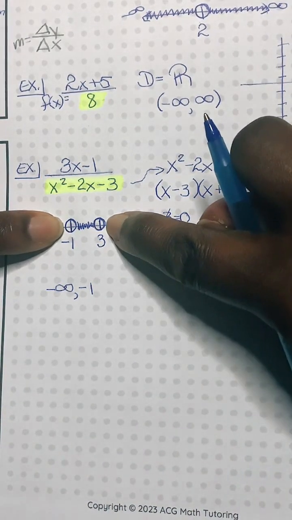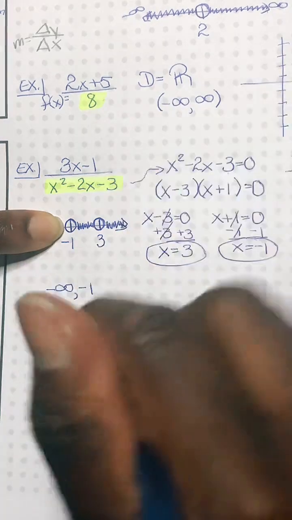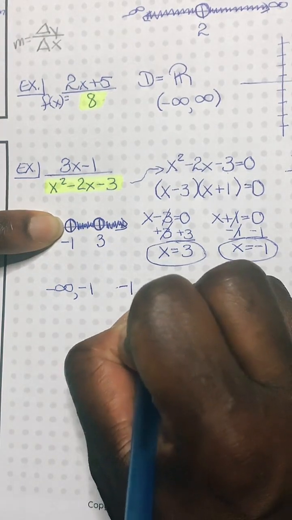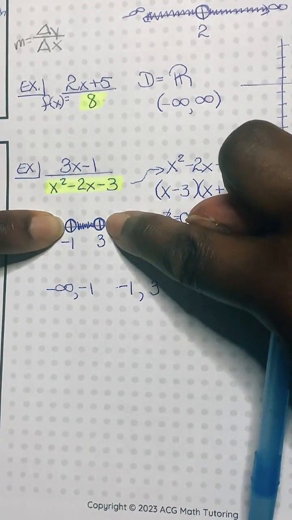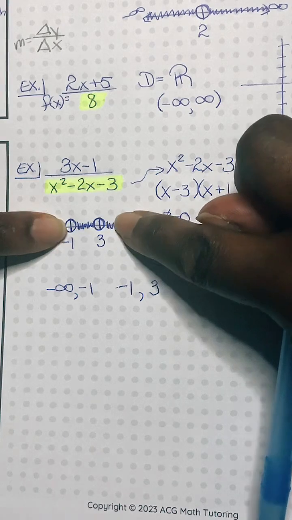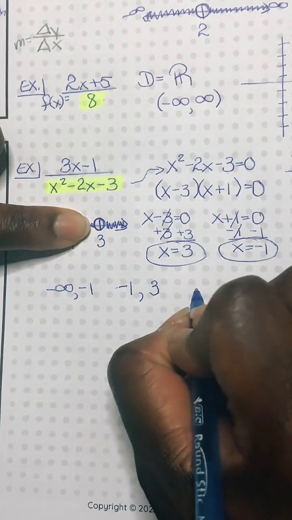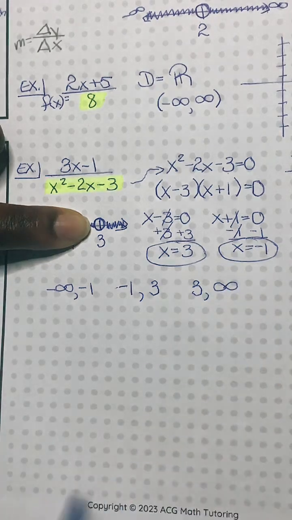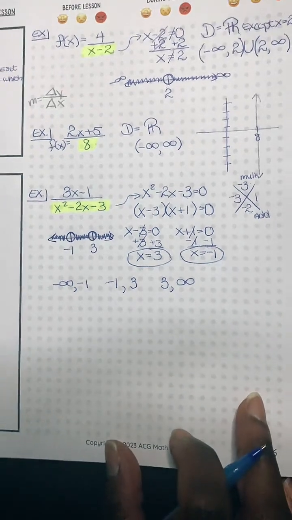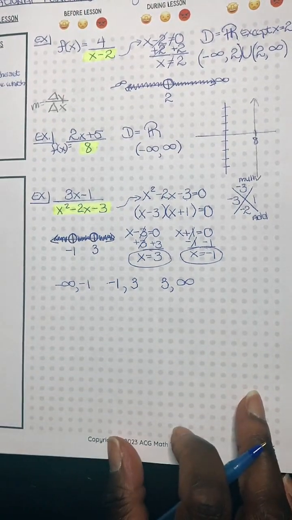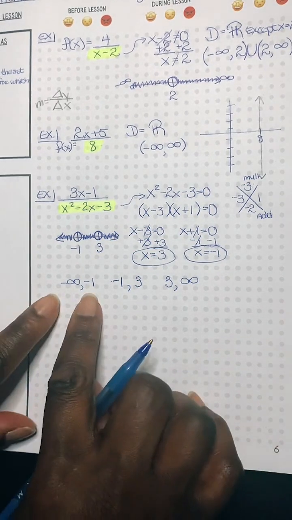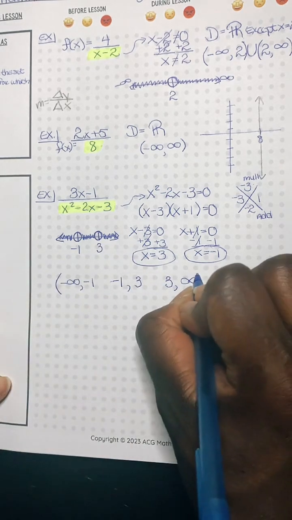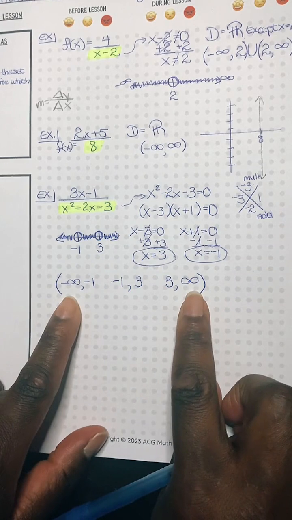The second section deals with what's happening in the middle, so we have -1 and 3. The last section is 3 to +infinity. Let me make sure you can see everything. Your infinities always have a parenthesis because they're unbounded. There's no limit.